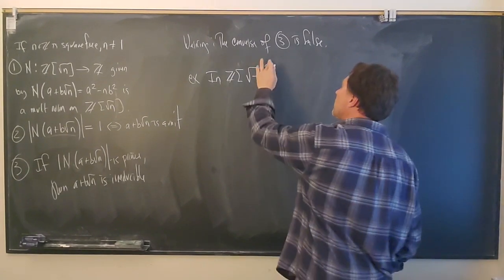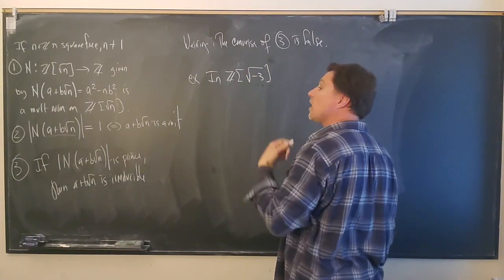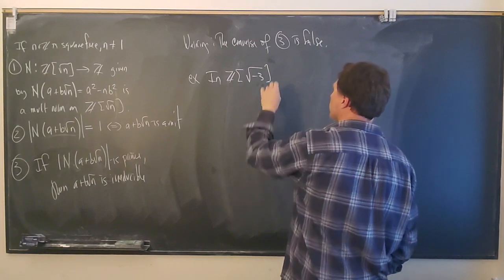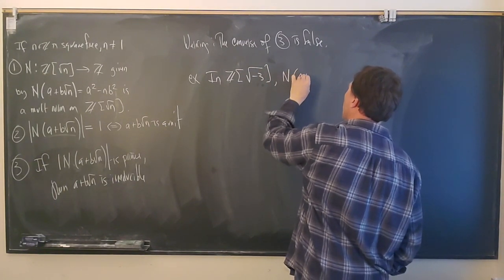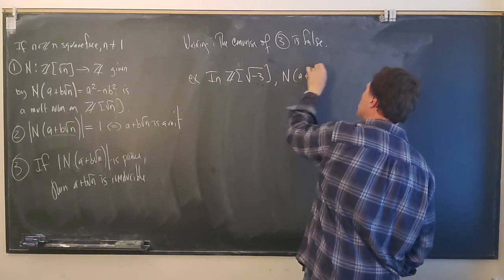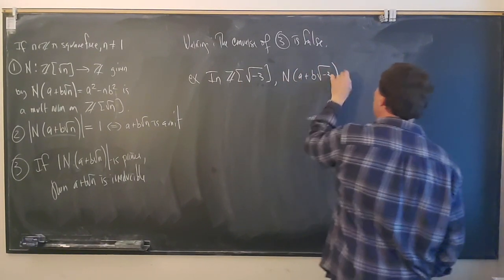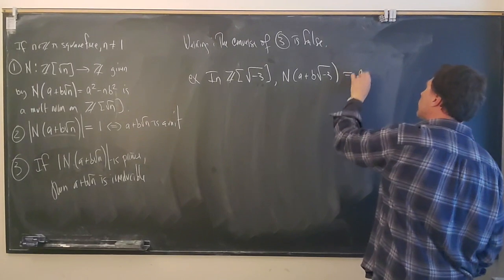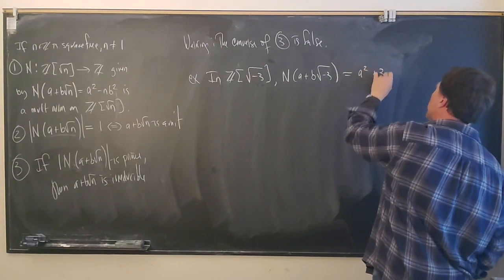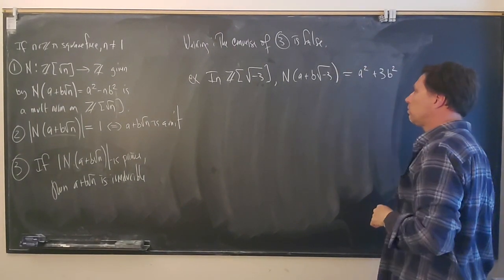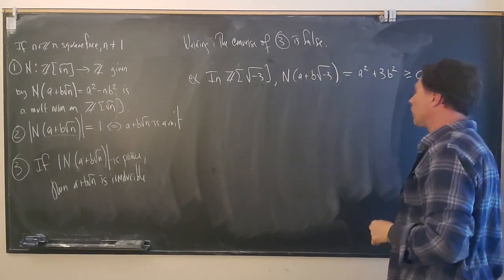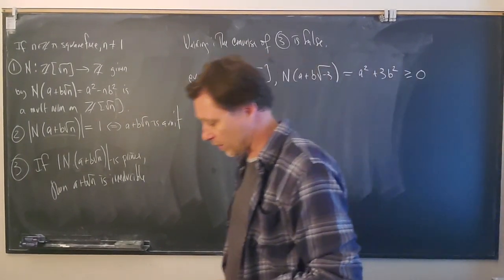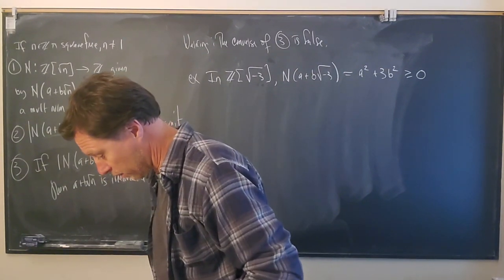So in Z bracket square root of minus 3, the norm of a plus b square root minus 3 is going to equal a squared plus 3b squared. One thing to notice is that it's always greater than or equal to 0, so we can't have negative values in our norm here.